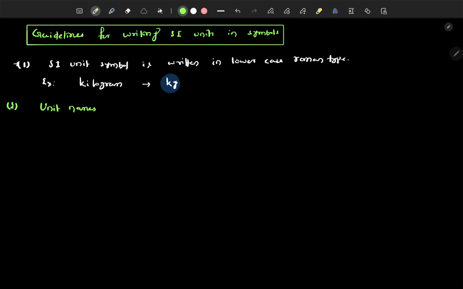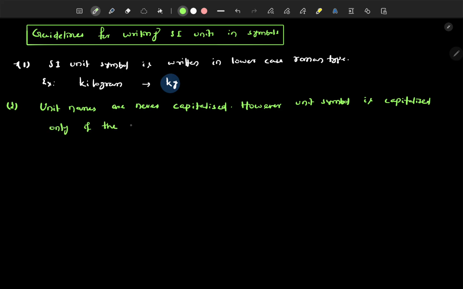However, the unit symbol is capitalized, on the condition that the unit is named after a scientist. In the first point we read that unit symbols are always written in lowercase Roman type, but in this point the unit symbol is capitalized, if the unit is named after a scientist.